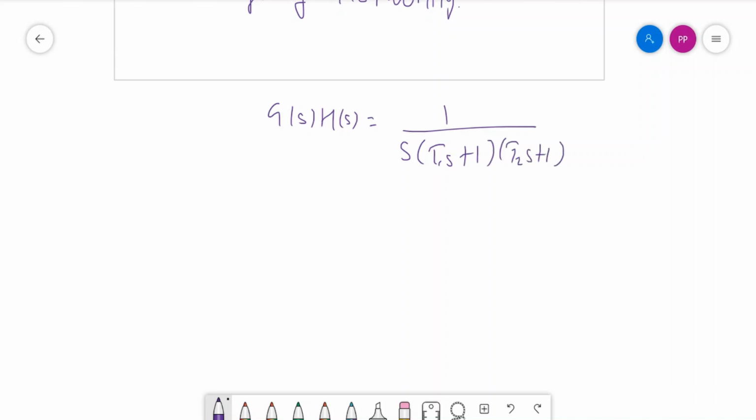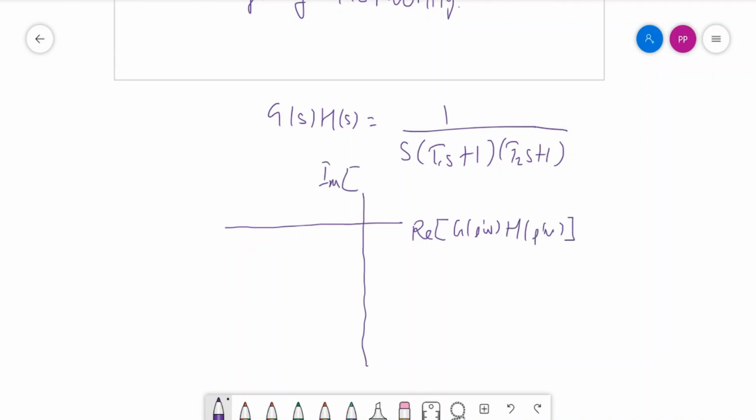I believe that you can recap what should be the pattern of the polar plot. In this case, this is the real part of G(j omega)H(j omega), and this is the imaginary part of G(j omega)H(j omega). So we can have a polar plot of this.